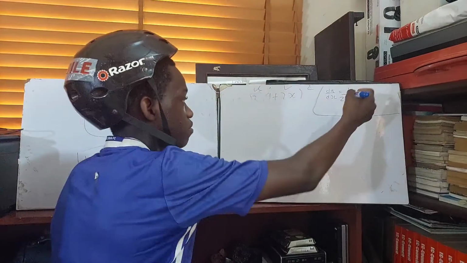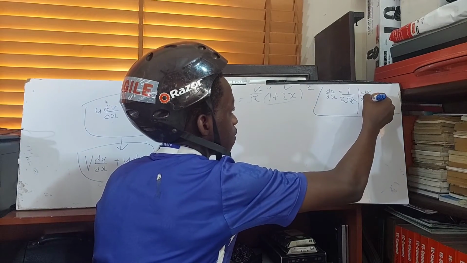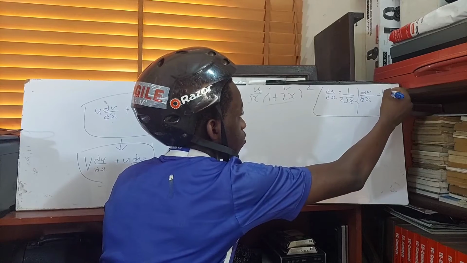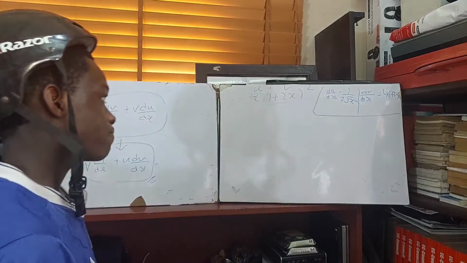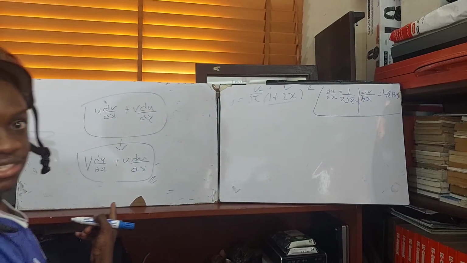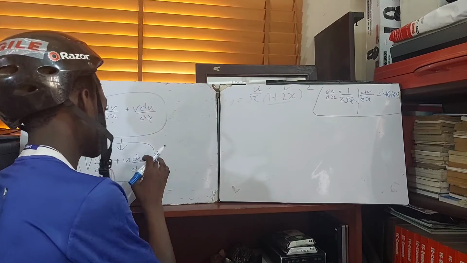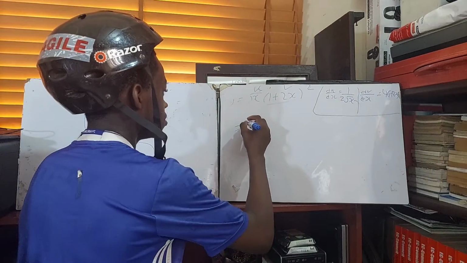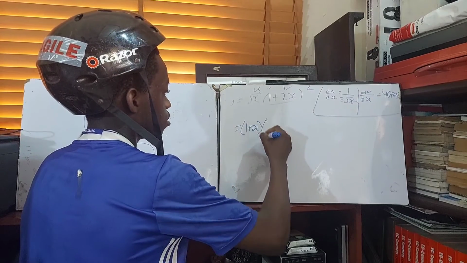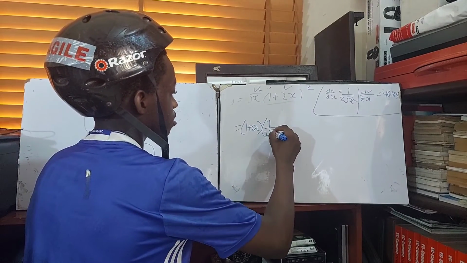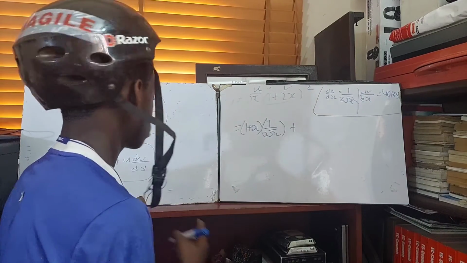So now that we've derived this, let's also use dv/dx. We've already done that, and we got 4 times (1 plus 2x). Now using our formula, v du/dx plus u dv/dx. Let's start. So v is 1 plus 2x, and du/dx is 1 all over 2 root x, plus u dv/dx.